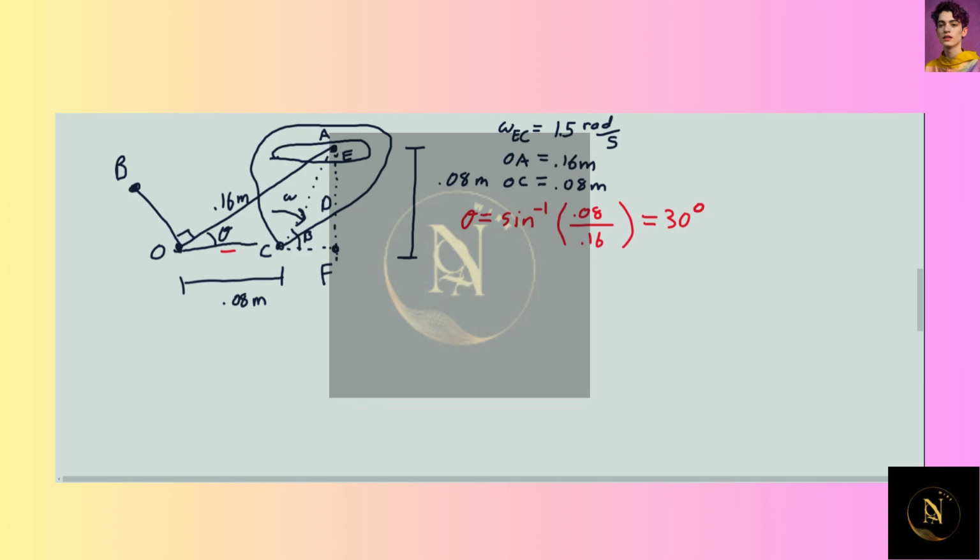We can then find what this distance CF is by looking at this as a right triangle here.